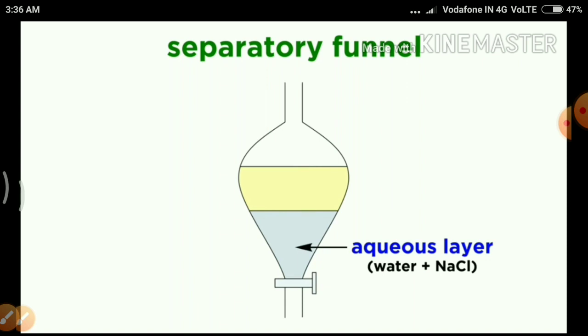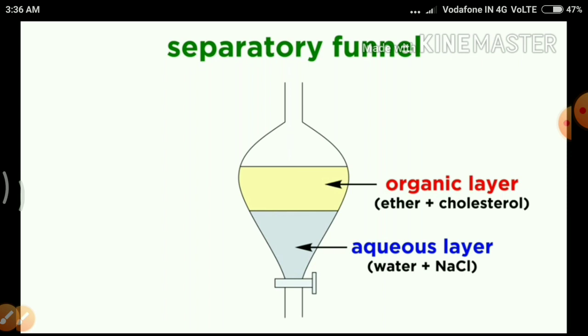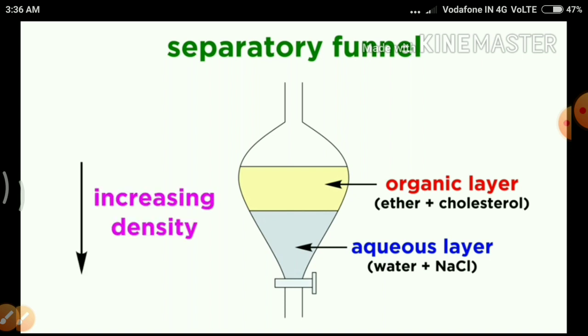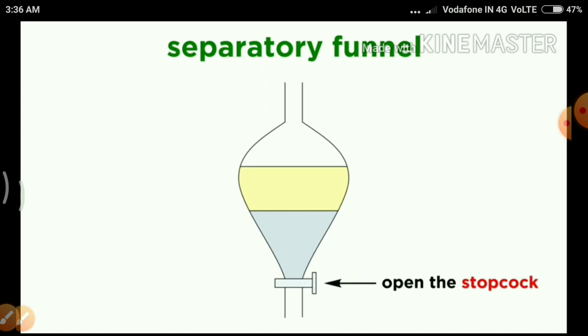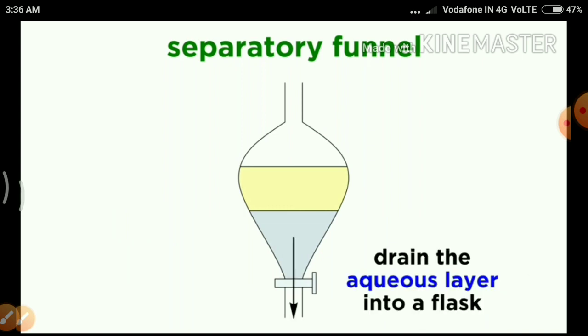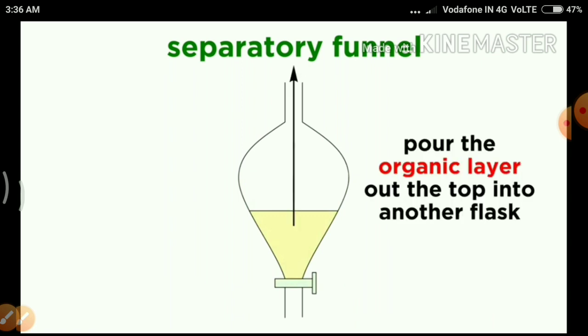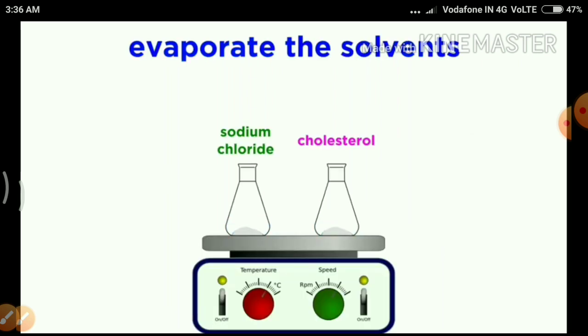On top will be an organic layer which contains all the ether and all the cholesterol which has dissolved in the ether. The water is on the bottom because it is more dense than the ether. So we just open up the funnel and drain the aqueous layer until we just get the organic layer, and then we pour it through the top of the funnel into another flask. Evaporate the solvents and there we will get our substances separated.